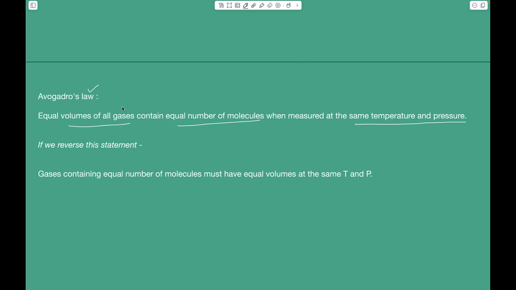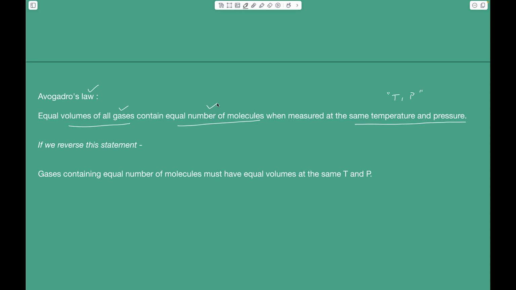Remember, Avogadro's law is applicable only to gases, not to solids and liquids. And as it states, if you take equal volumes of various gases at the same temperature and pressure, then they would all have the same number of molecules.